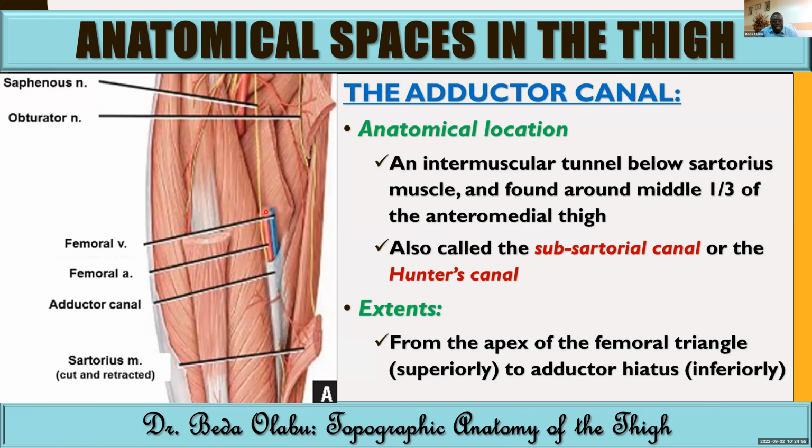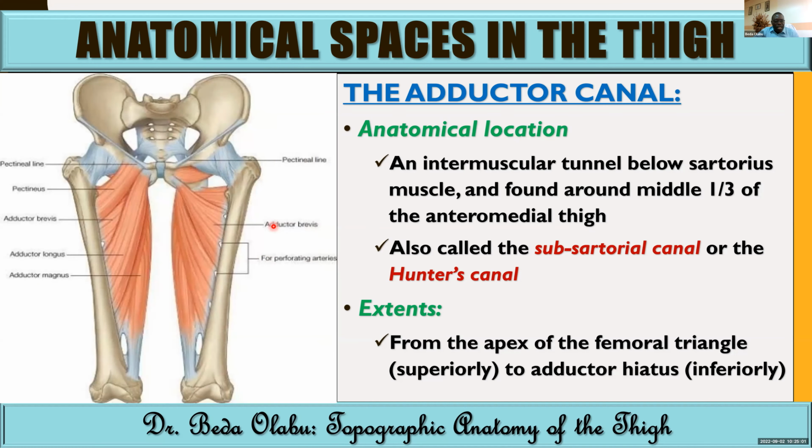This is from where it extends, apex of the femoral triangle superiorly, all the way to the adductor hiatus. It will extend up to that region. So the canal falls somewhere here. From the adductor hiatus, it communicates with the popliteal fossa. So that is the adductor canal.